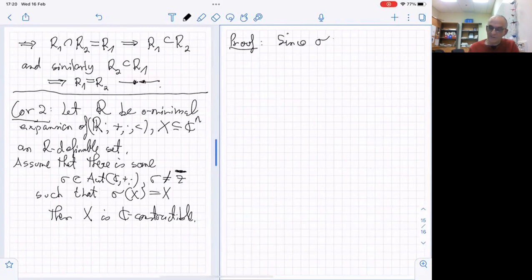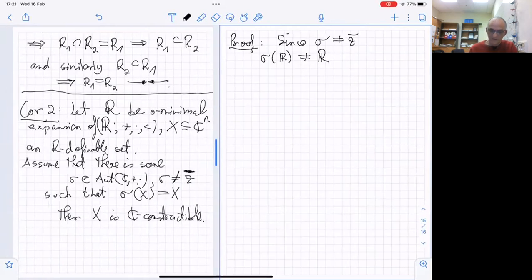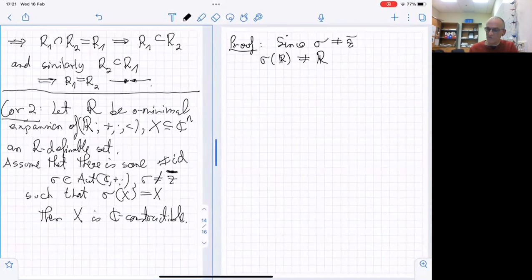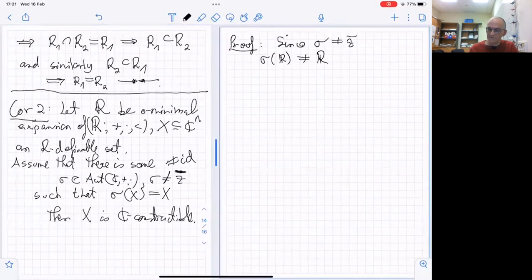Since sigma is different than complex conjugation, then sigma of R is not R. Because if sigma of R is R, you immediately force, right? You will fix it pointwise because of density, and then it will be the trivial automorphism. We don't want the trivial automorphism.